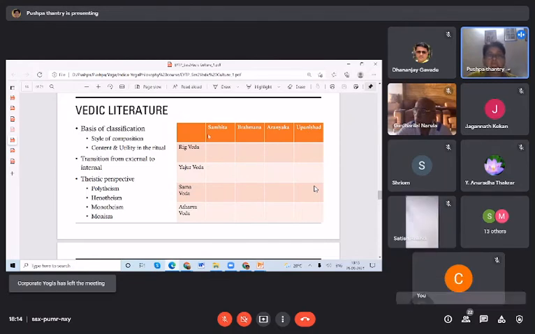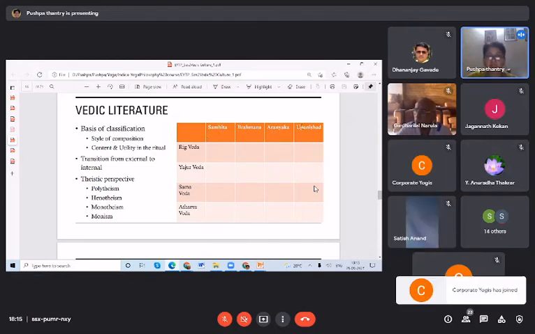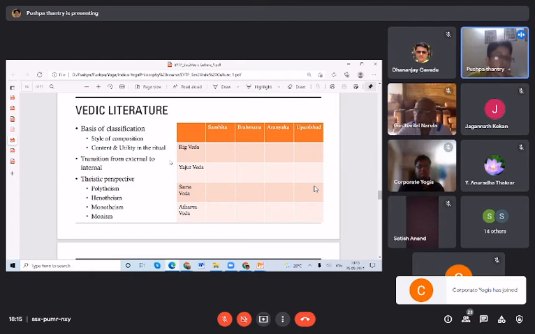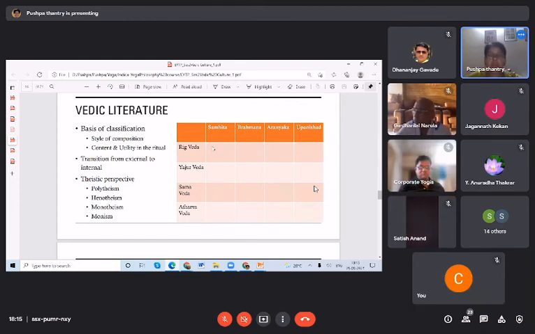What is Samhita, what is Brahmana, what is Aranyaka, what is Upanishad, again is there in the textbook, and you need to know at least one liner of different specialities of each of these characteristics of Samhita, Brahmana, Aranyaka, and Upanishad.